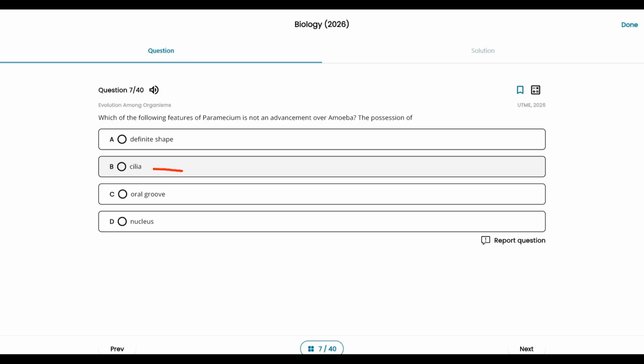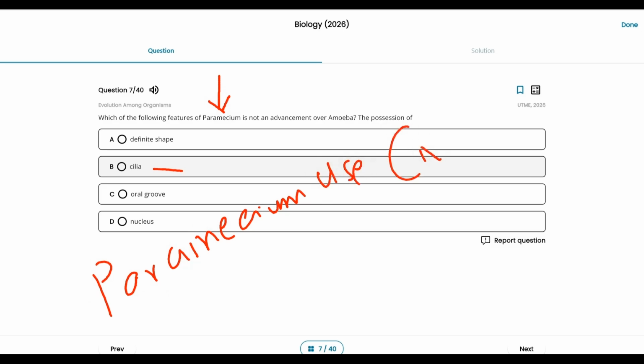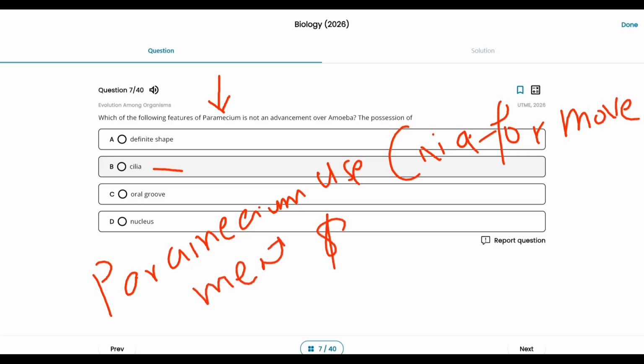Paramecium uses cilia for movement and feeding. This paramecium here uses cilia for movement and feeding.